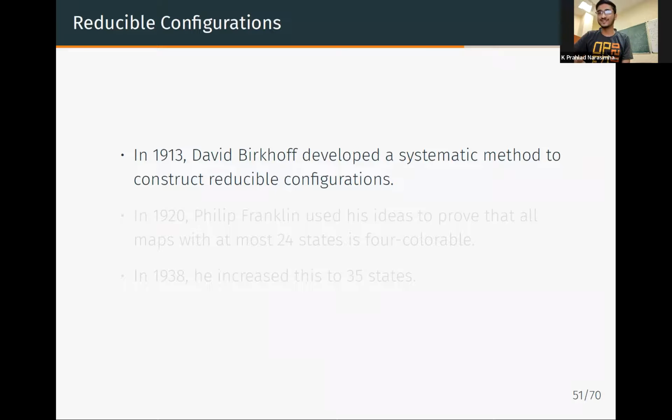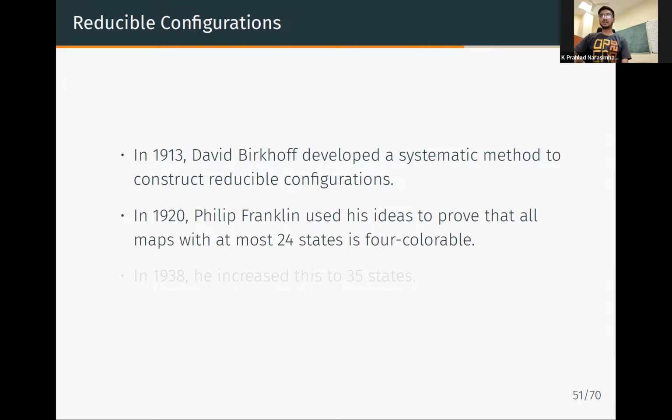He was a prof at Harvard as well. And I think he was a graduate student at Harvard. But when he developed this method to construct reducible configurations, I think he was at Princeton at the time. So, in 1913, he developed a method to construct reducible configurations.